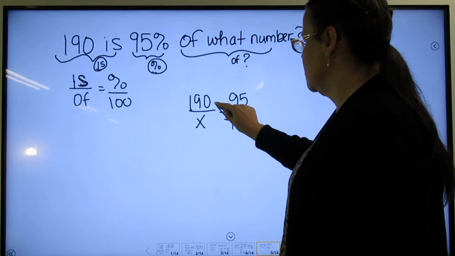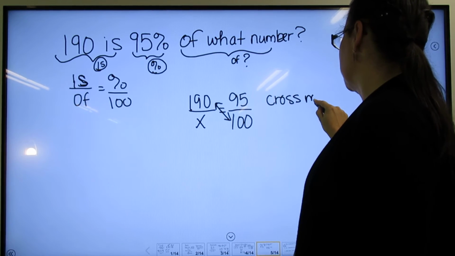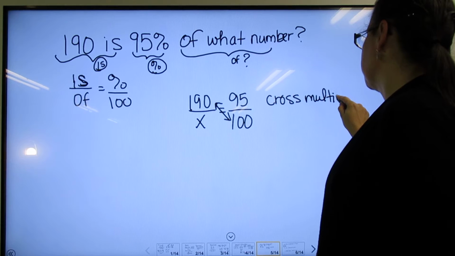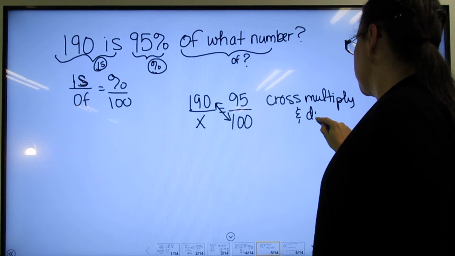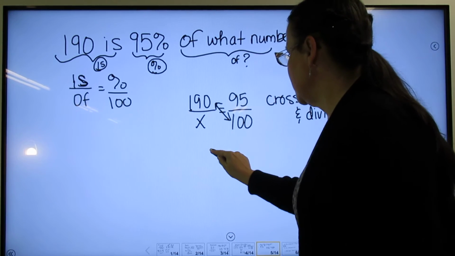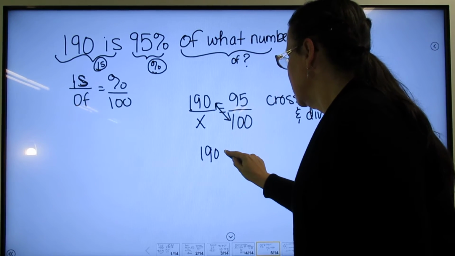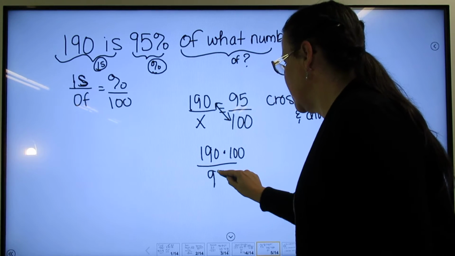Again, cross multiply and divide. So you would have 190 times 100 and then divide by 95.